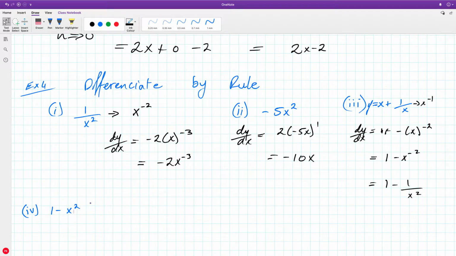One minus x squared. What do you think? Minus 2x, exactly.